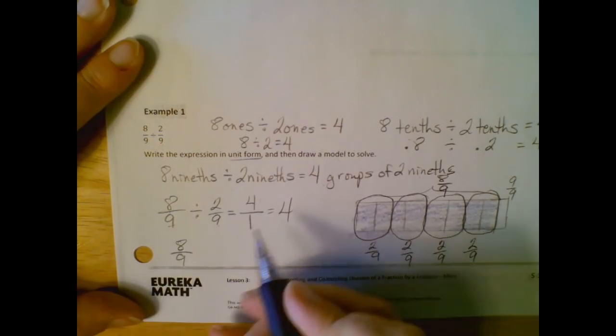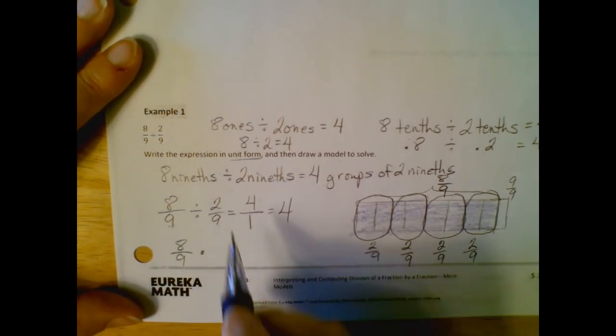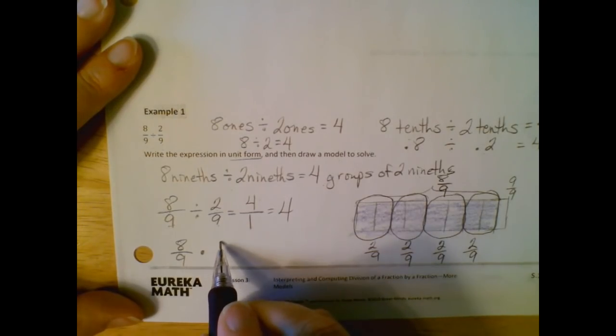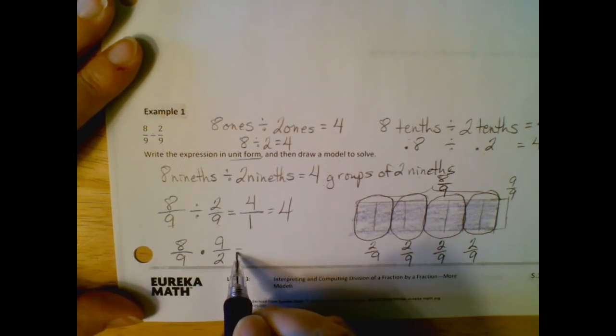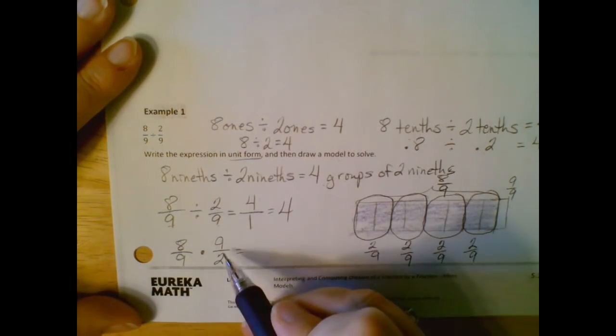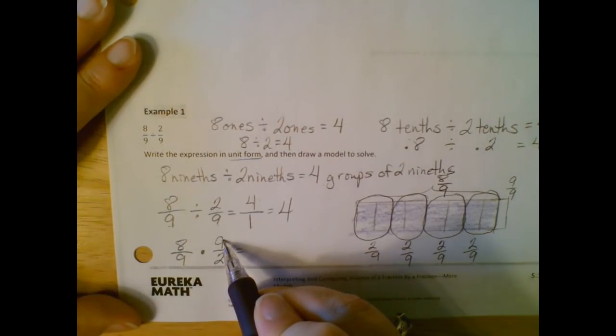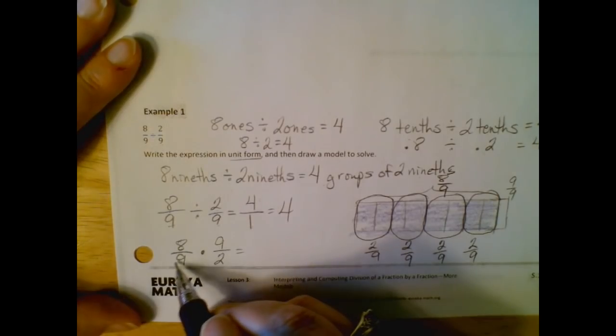Copy-flip. I copy the first one. My first opposite is make divide to multiply. My second opposite is flip, inverse this fraction to make a reciprocal. Actually, what I see here is a 9 in the numerator, a 9 in the denominator.